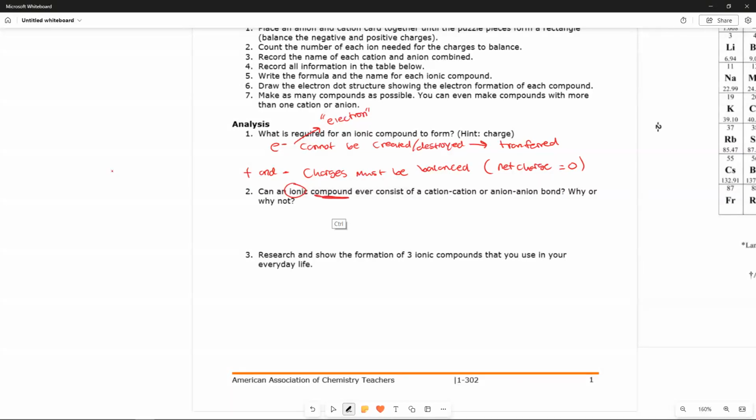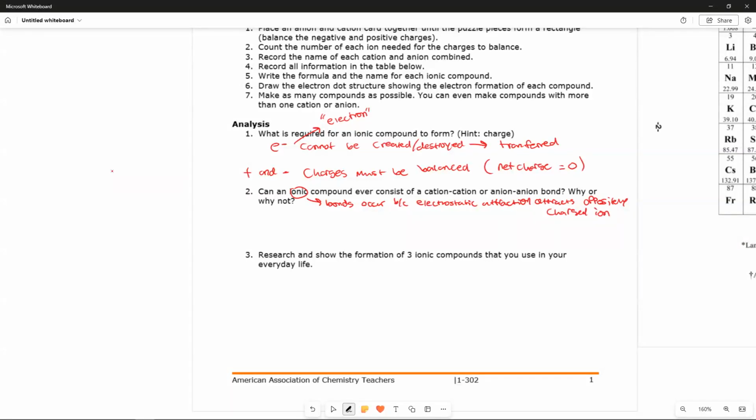Ionic bonds occur because the electrostatic attraction attracts oppositely charged ions.